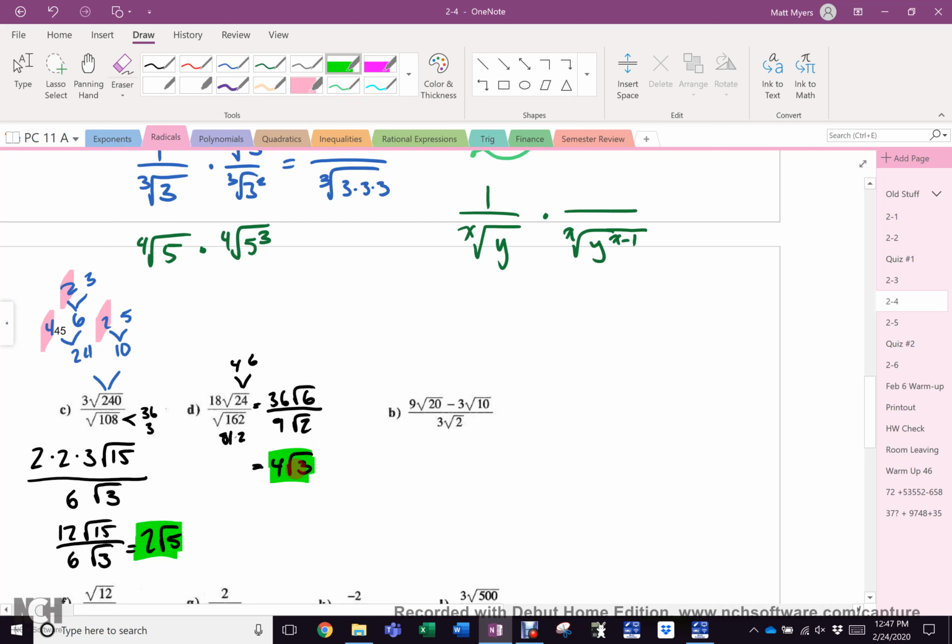Is everybody good with C and D? Yeah? Now, ladies and gentlemen, please do not do that teenager thing where if you simplified this wrong, you then think you can't do dividing radicals.